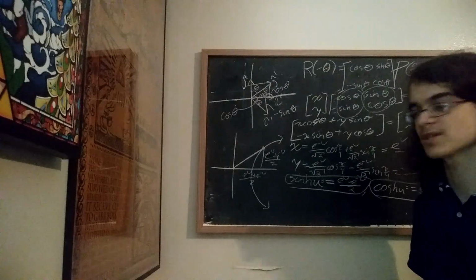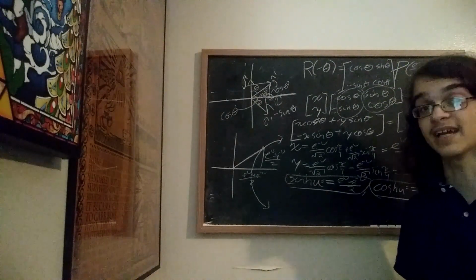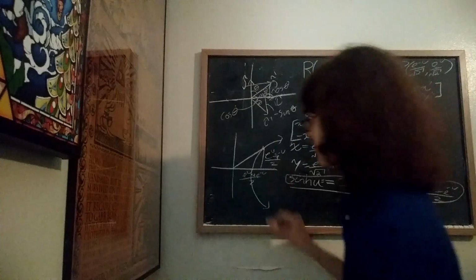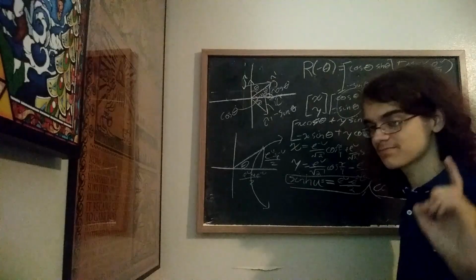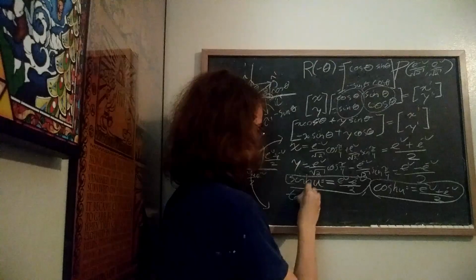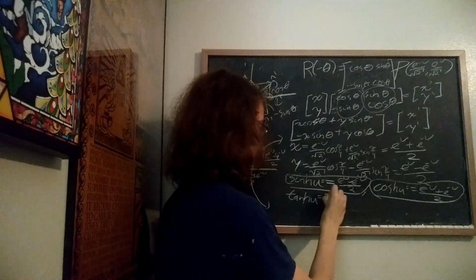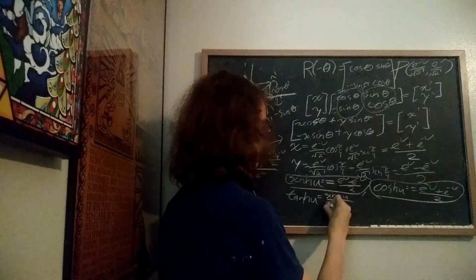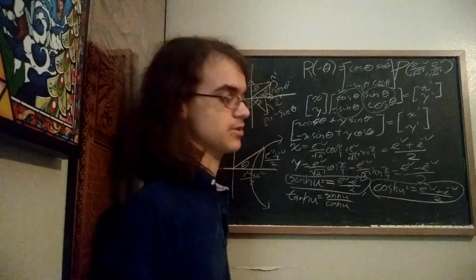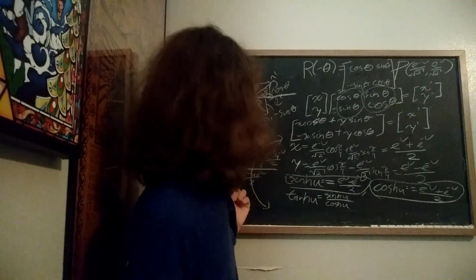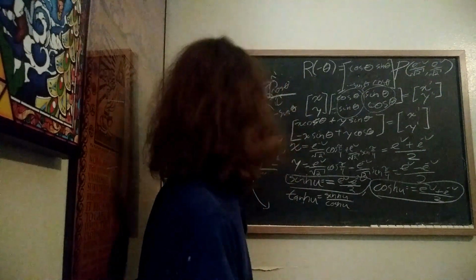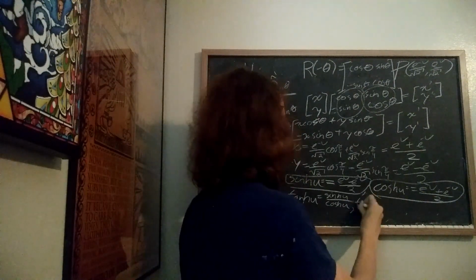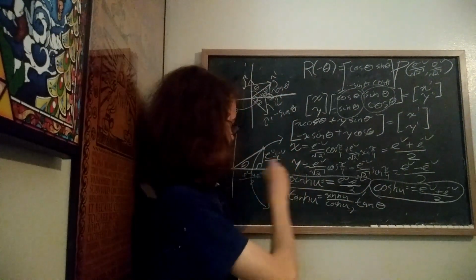Before I go, there's something cool about the hyperbolic tangent function. If I draw my theta back again, even though we're not using it as an input, it's a cool property. We're going to define hyperbolic tangent as hyperbolic sine over hyperbolic cosine, just like we defined the normal tangent. Now if we look, this makes a right triangle like this. So we can say the tangent of theta is going to be this side over this side.